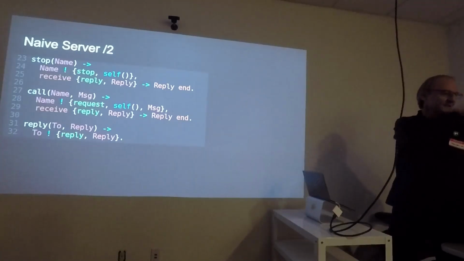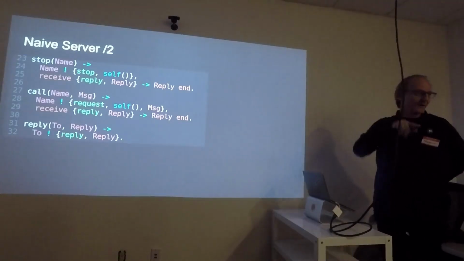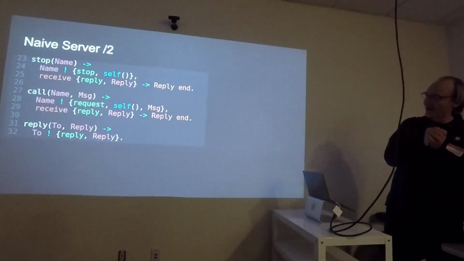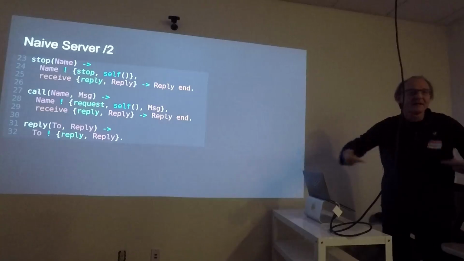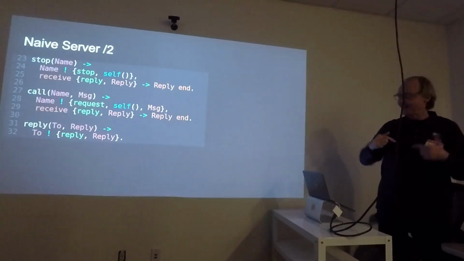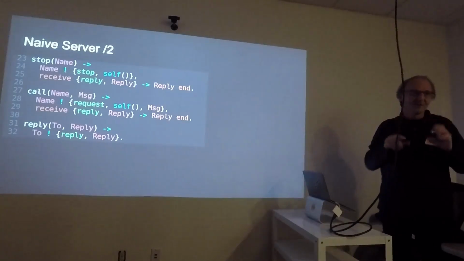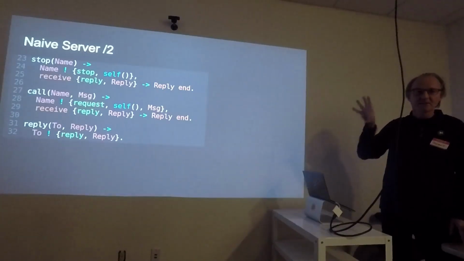I'm actually sending it to myself. So it's a way to actually stop. The client is calling stop on the server, but the server is actually then sending itself, hey, stop. It's a bit convoluted, but it makes it totally generic.